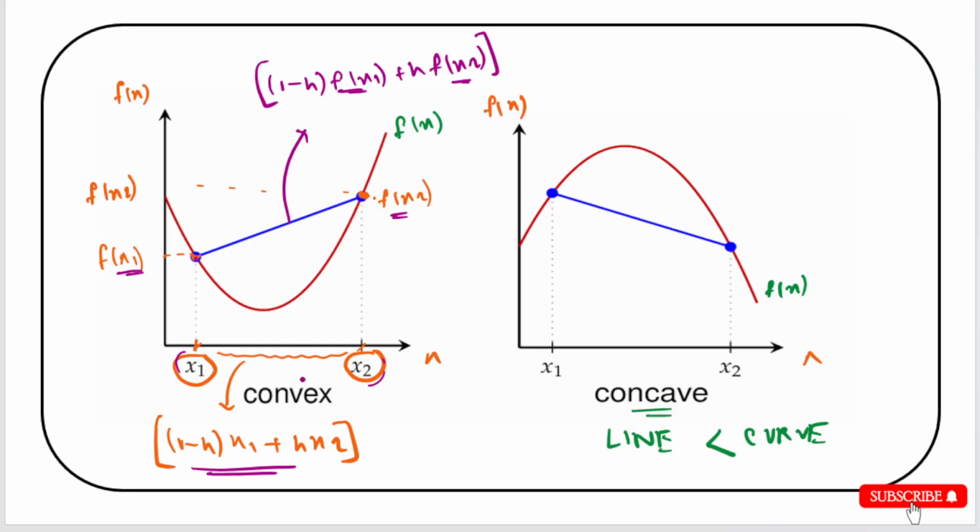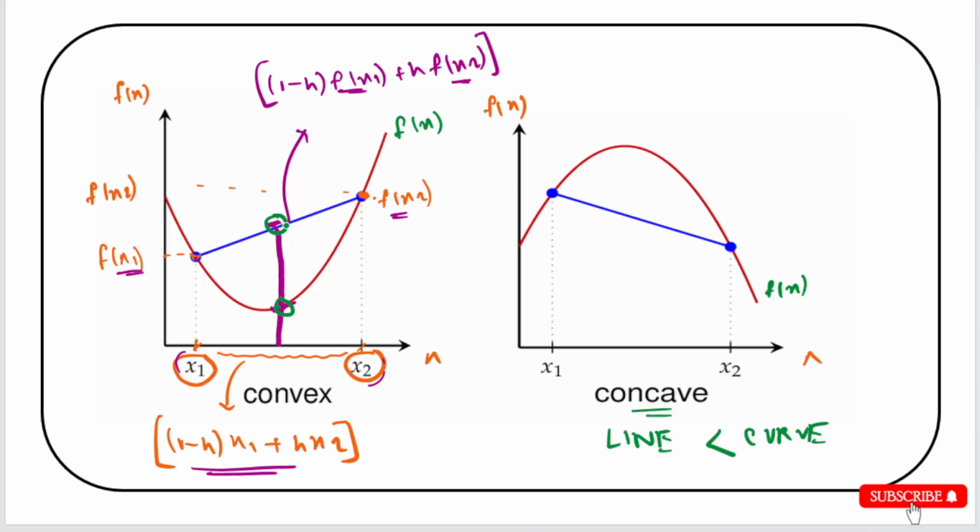Now what is the identifying feature of a convex function? If you join it with a line segment, take any line segment here, you will see that this point here is always greater than this point here.